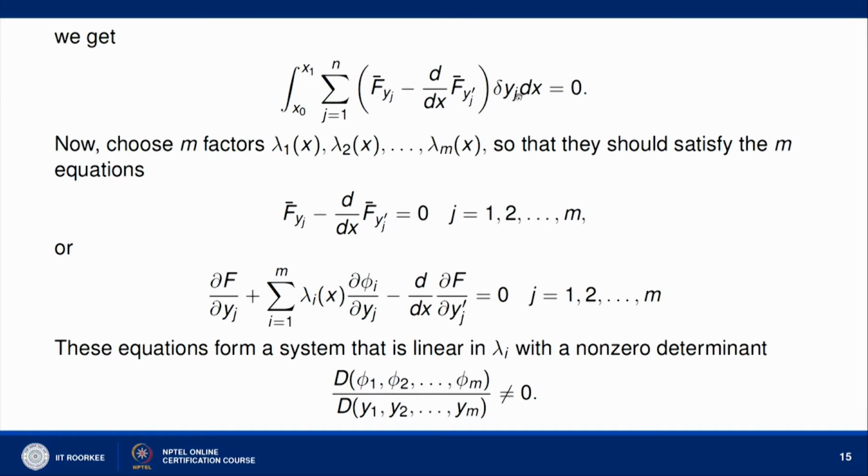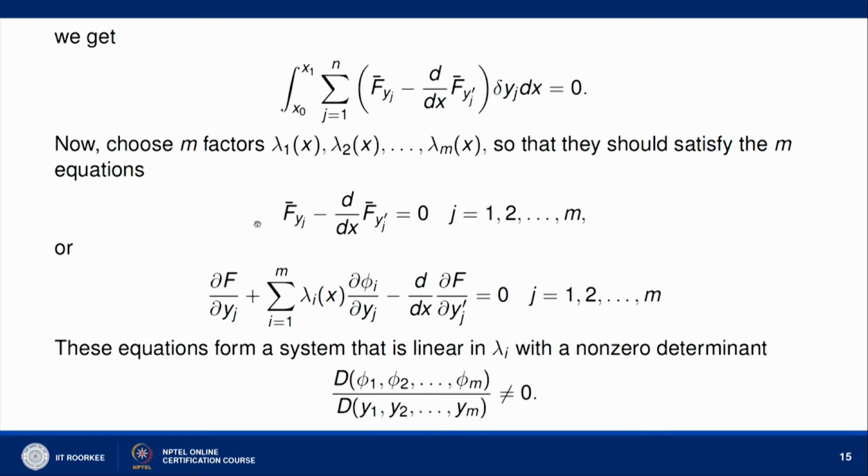For this we have taken the factors lambda 1 to lambda m completely arbitrary, but now let us assign some values to lambda 1 to lambda m so that the equation f bar_yj minus d by dx f bar_yj dash is equal to 0 for j equal to 1 to m.